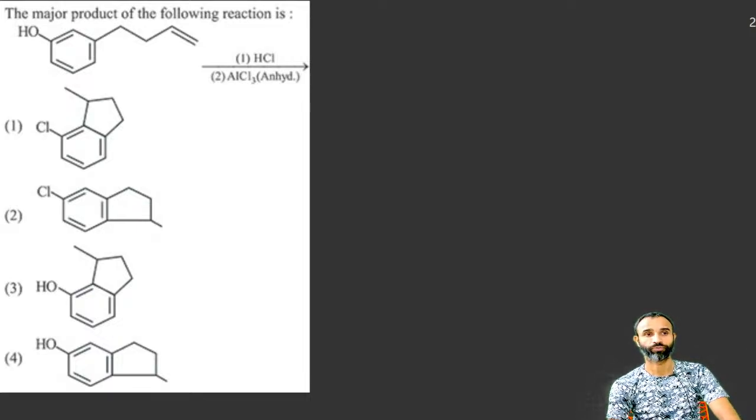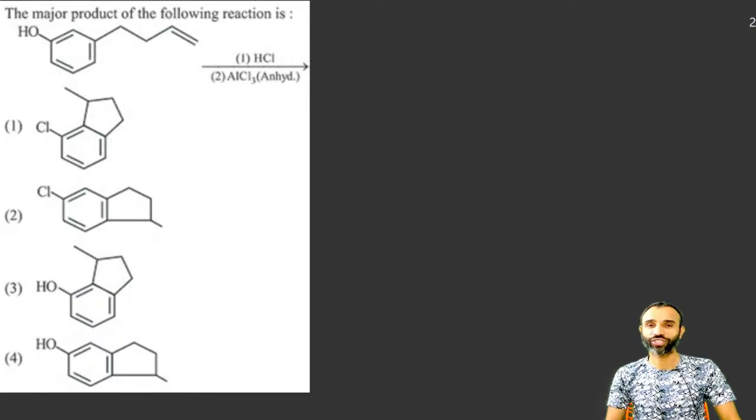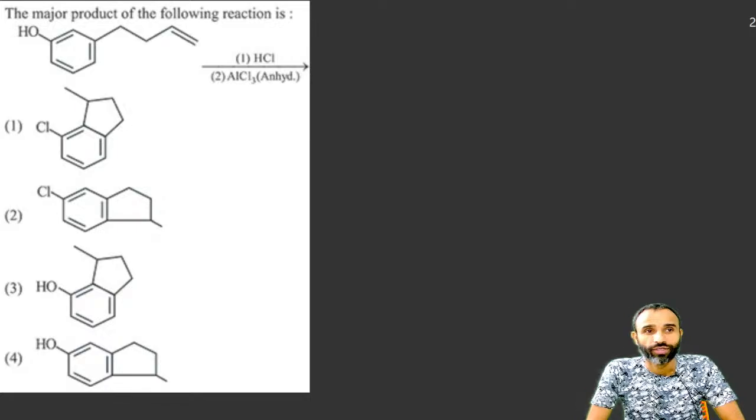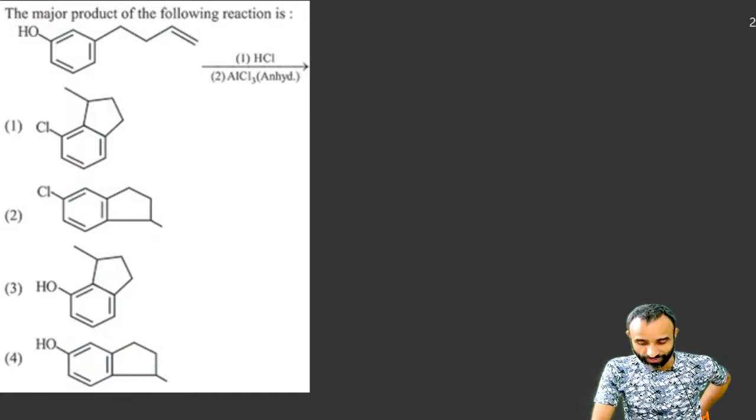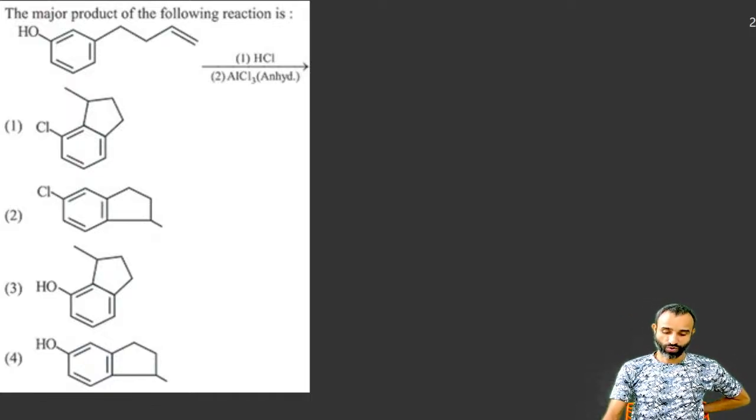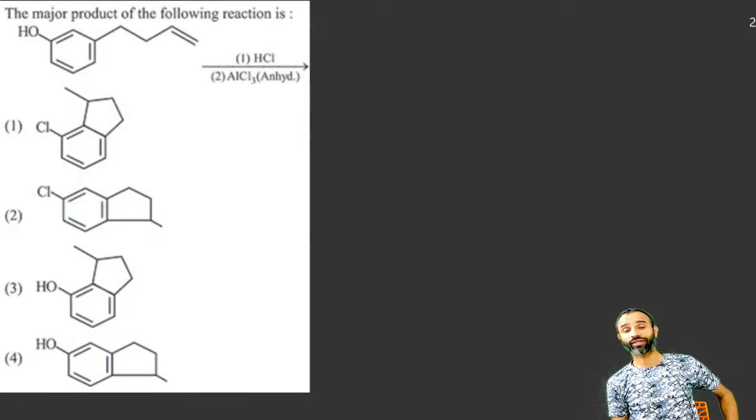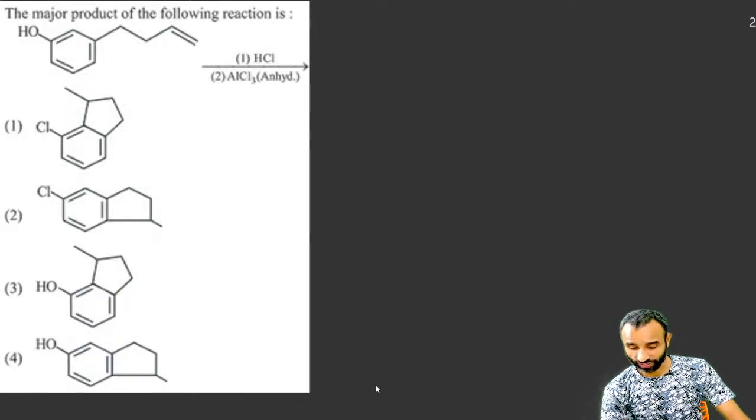Okay. Major product of the following reaction. First is HCl, and in the presence of anhydrous AlCl3. It is just like a Friedel-Crafts reaction.